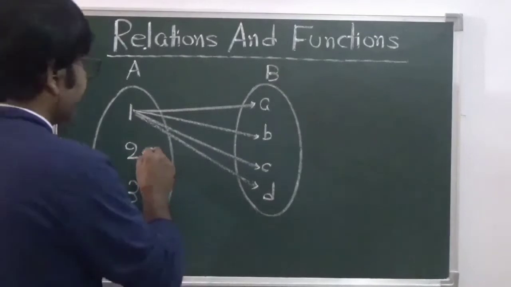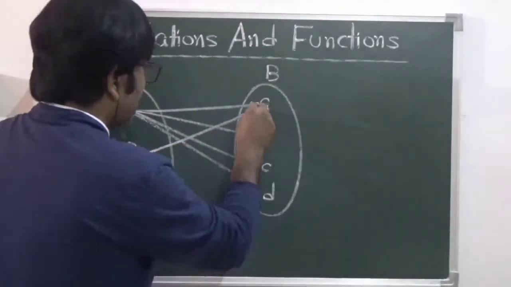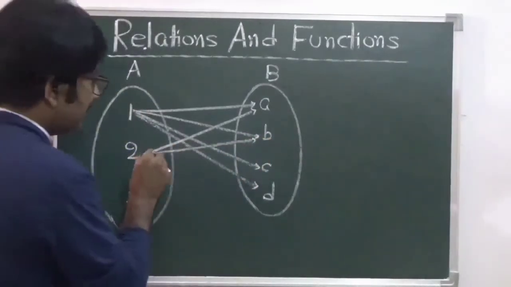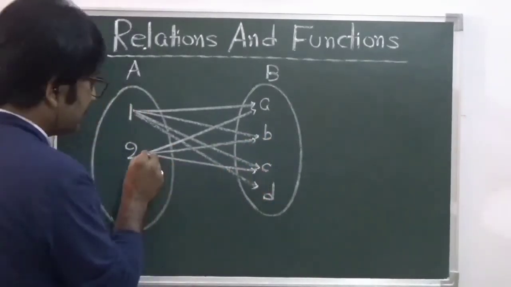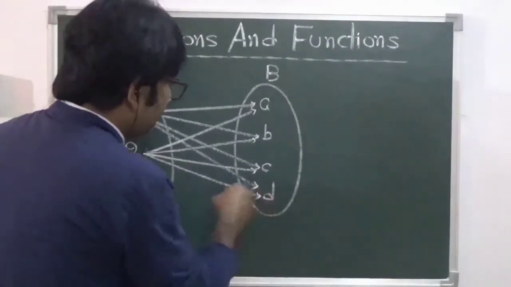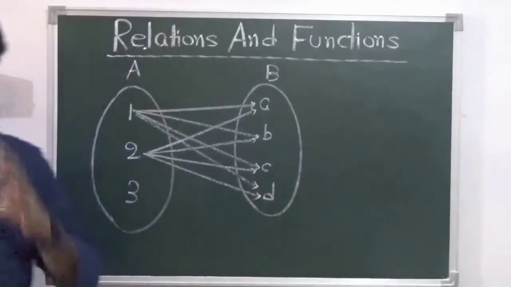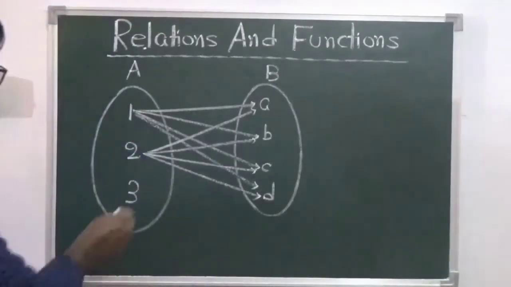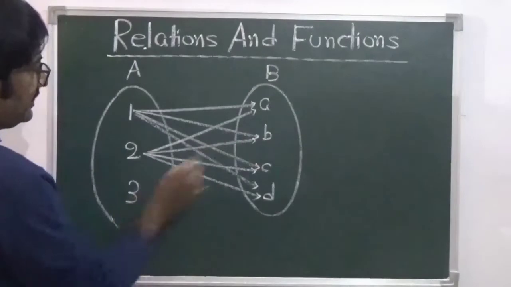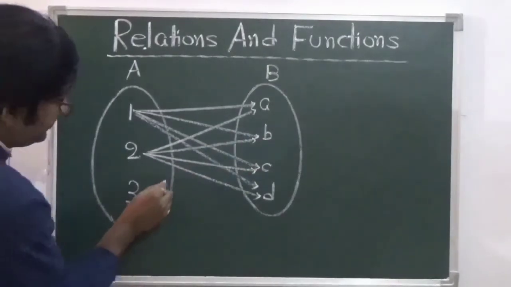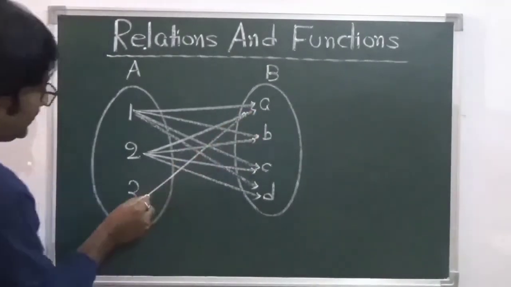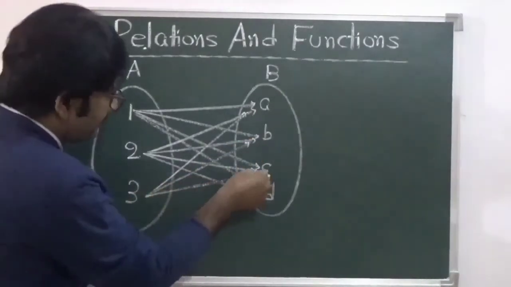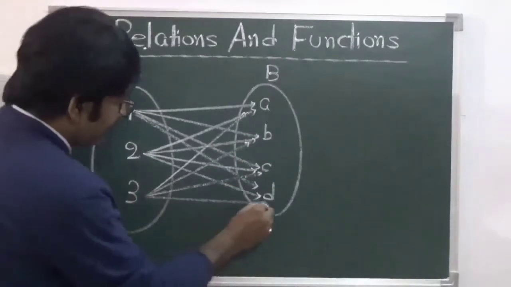So we get 2a, 2b, 2c and 2d. Now beginning with 3, we once again connect each one: 3a, 3b, 3c and 3d.